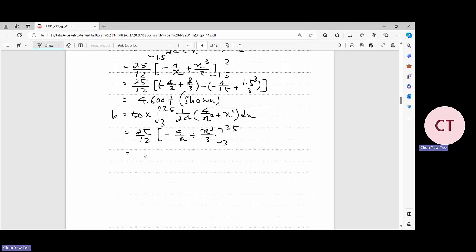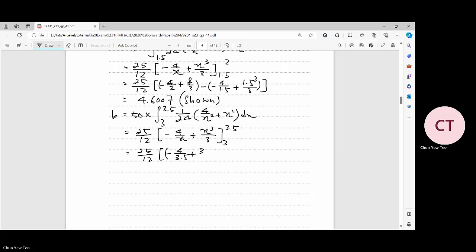So over here, you just press the calculator, then substitute in. This one is 3.5. 3.5 cubed over 3.